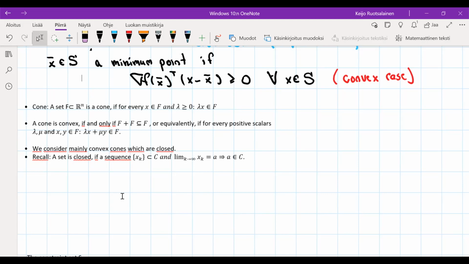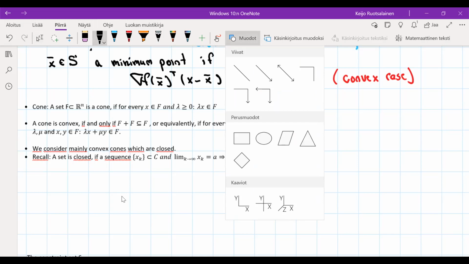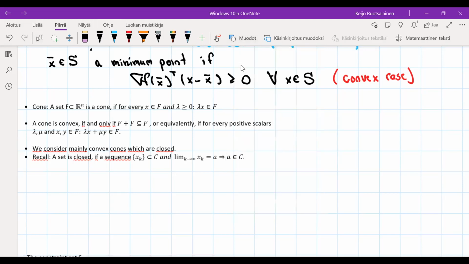Then we have the typical picture of what is meant by a cone. So this is the typical picture we have in mind when we speak about a cone.